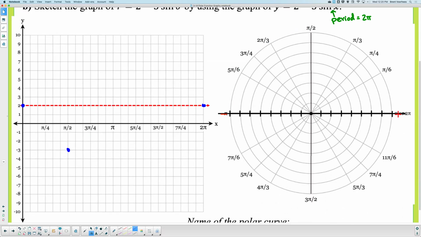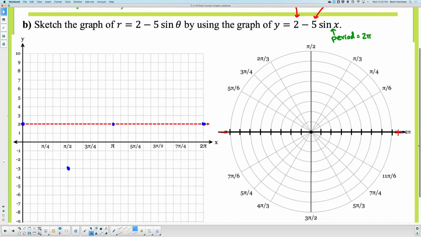So at pi, we have another midline point. Sine achieves its minimum at 3 pi over 2. But because of this transformation, it's not a minimum. It becomes a maximum. So at 3 pi over 2, go up 5. 1, 2, 3, 4, 5. Again, this is lesson 3-4, if later you want to go watch that video again on how to graph. Connect those dots with a wave.